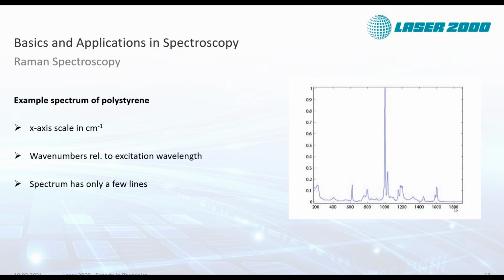When you look at the graph, the x-axis scale here isn't shown in nanometers, but in some kind of inverse centimeters, which is called wave numbers. A specialty of Raman spectroscopy is that the wave numbers shown on the x-axis are relative to their excitation wavelengths.